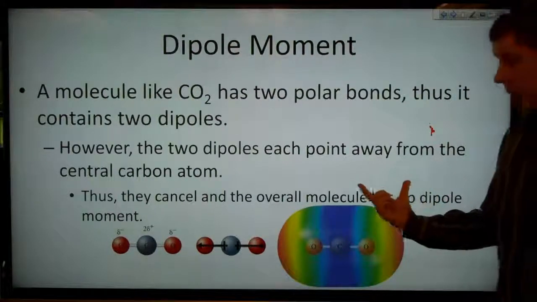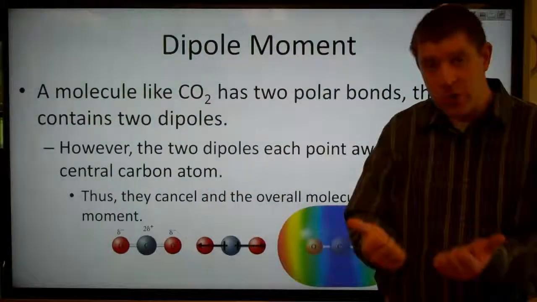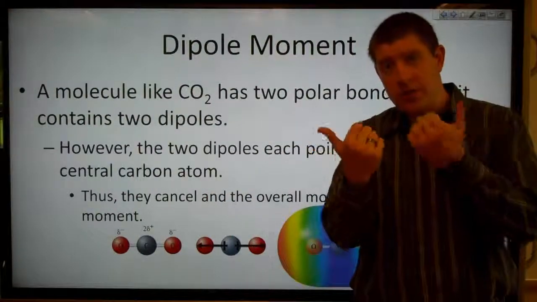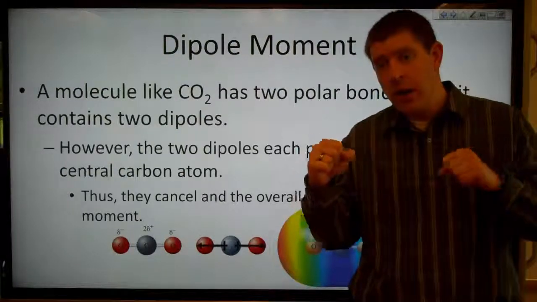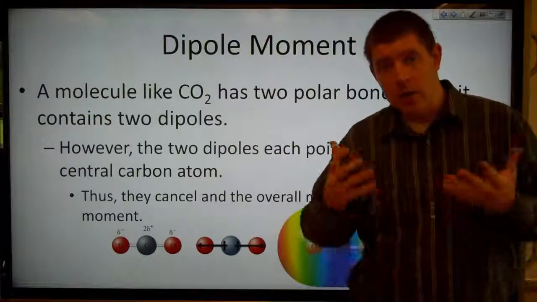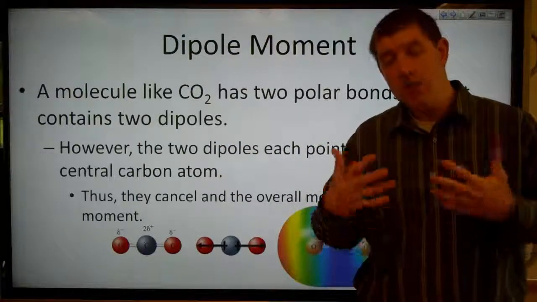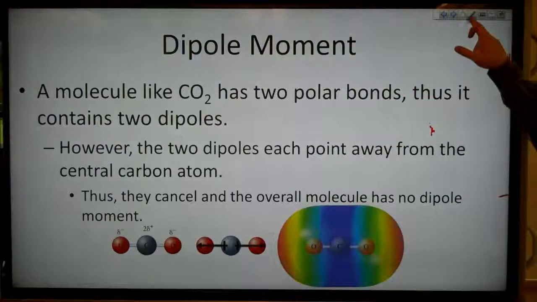But because of the way vector addition works, when we add together these two arrows, because they're pointing in exactly opposite directions, imagine them like playing a tug of war. They're equally strong and they're pulling in exactly opposite directions, and so it's not going anywhere. The overall molecule has no dipole moment because those two dipoles cancel each other out.